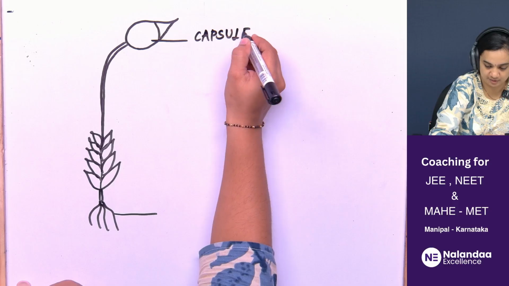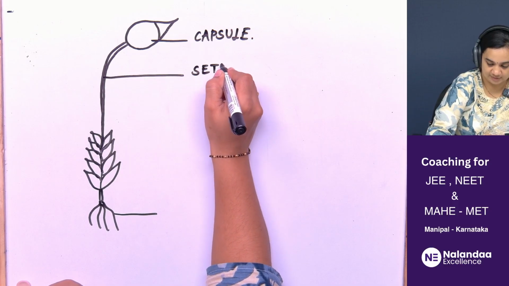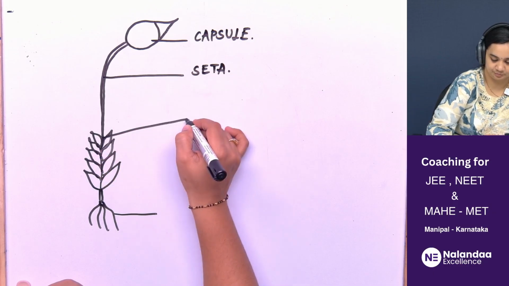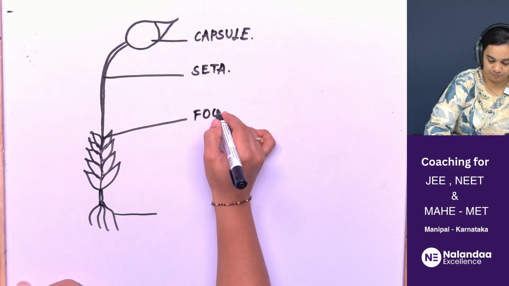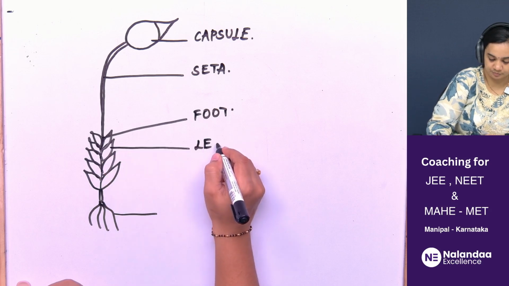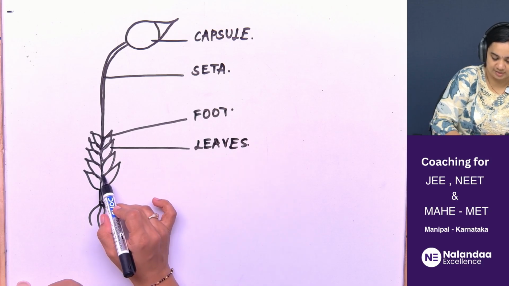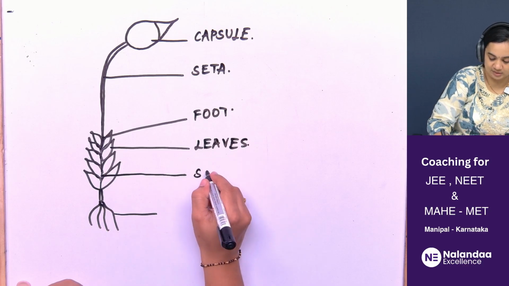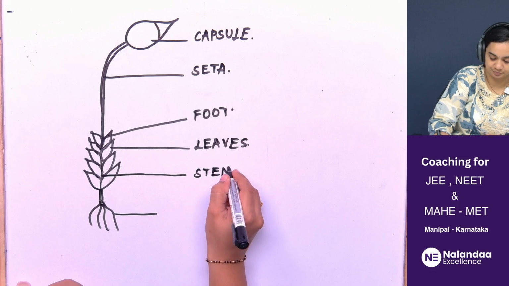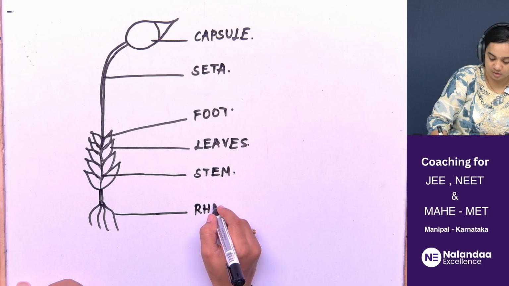So, this part is the capsule, this is the seta, this is the foot, leaves, then the central stem-like structure, and these are the rhizoids.